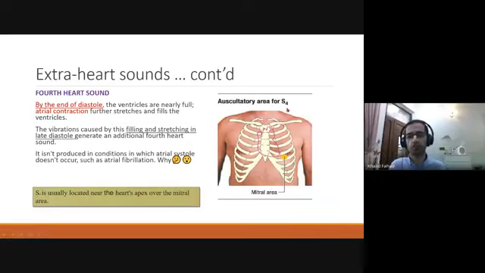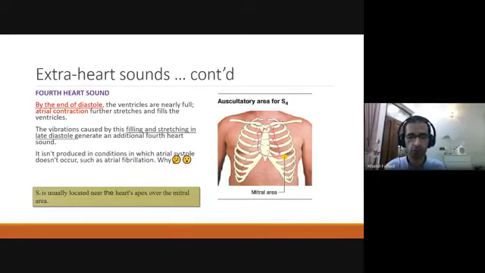What are the causes of the fourth heart sound? Usually it is a result of forceful contraction against some stiffening. Normal contraction of the atrium will not produce this heart sound. But as soon as the ventricle becomes hypertrophied and stiff, this will produce the fourth heart sound.